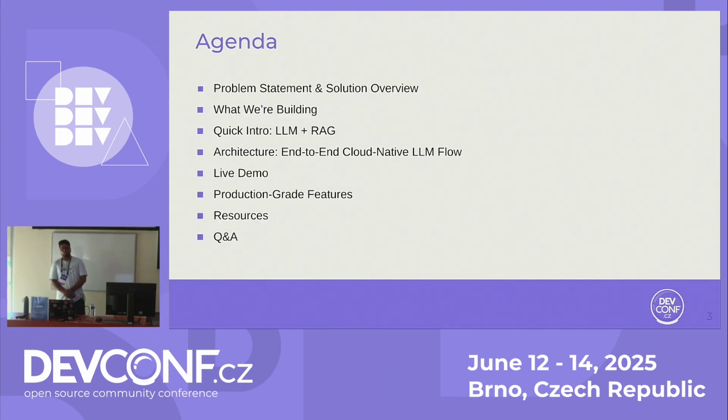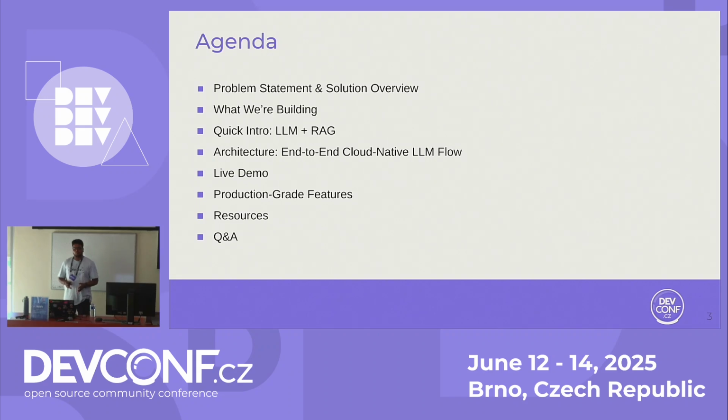So what are we going to discuss today? First, the use case and problem statement we have. Then we will talk about the proposed solution and see what we are building, a small trailer kind of thing. I will show you a real-time demo of how things are working. Then we will go through a basic introduction to large language models, different architectures of large language models, and the full detailed architecture, the end-to-end cloud native LLM flow.